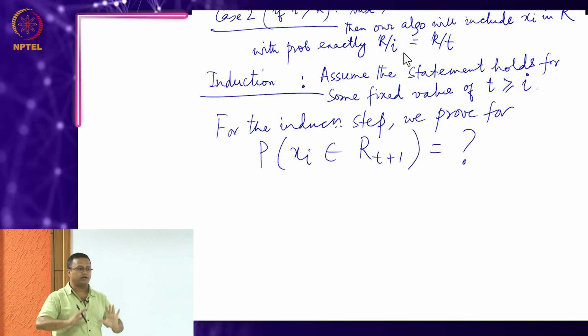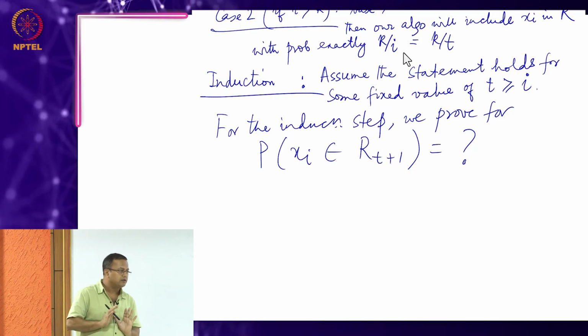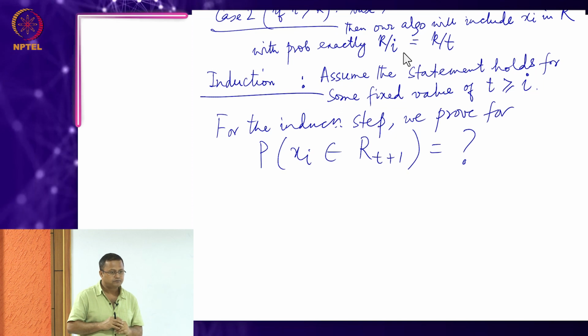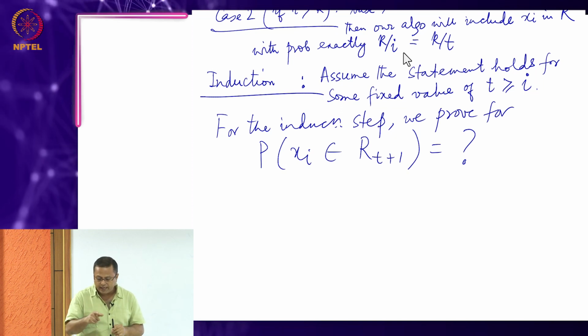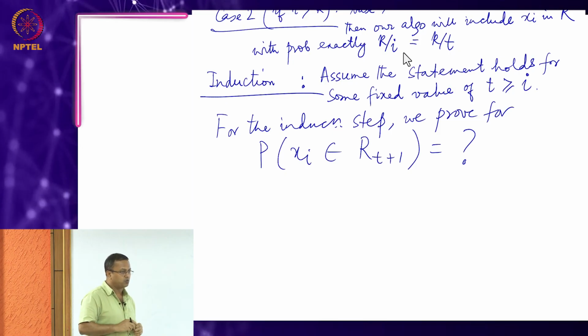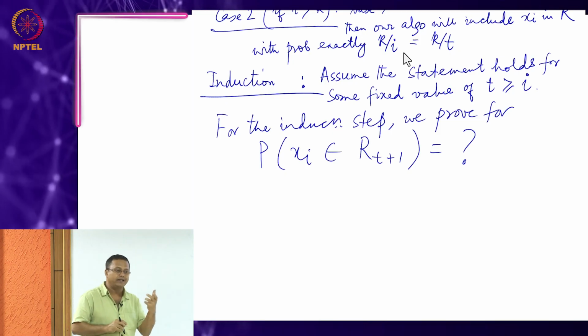Is this uniformly random condition still holding? That is my question. Now, see, for x_i to belong to R_{t+1}. So, what is R_{t+1}? The reservoir indexed with the time.